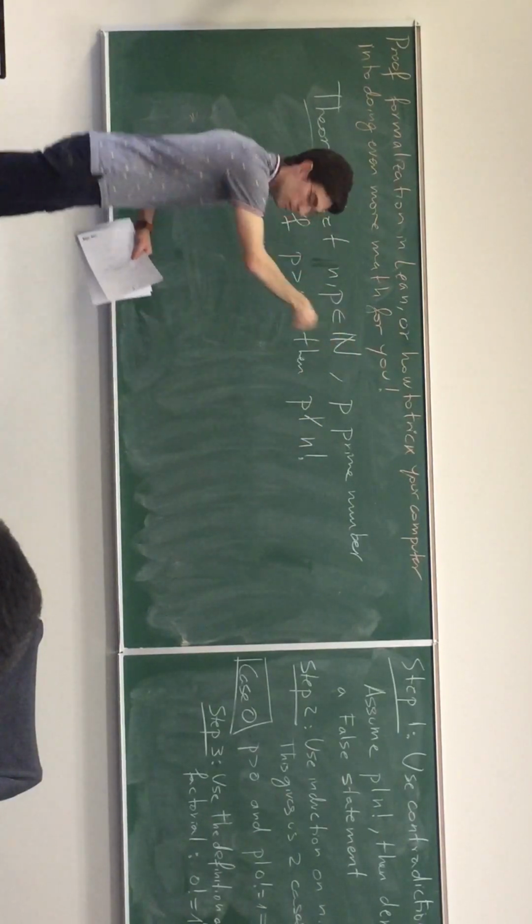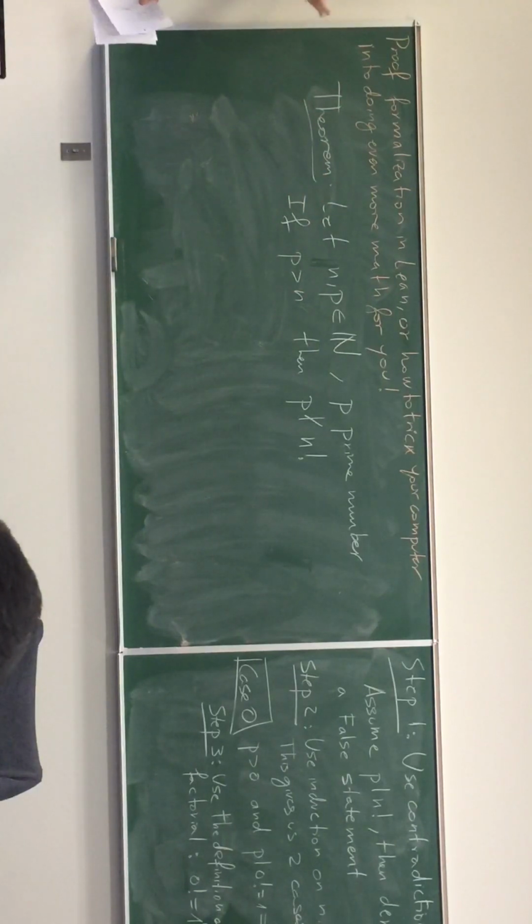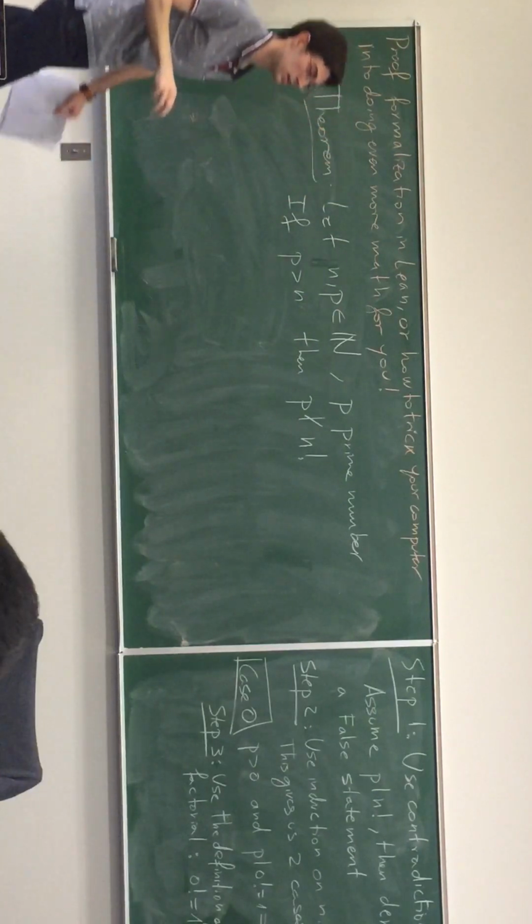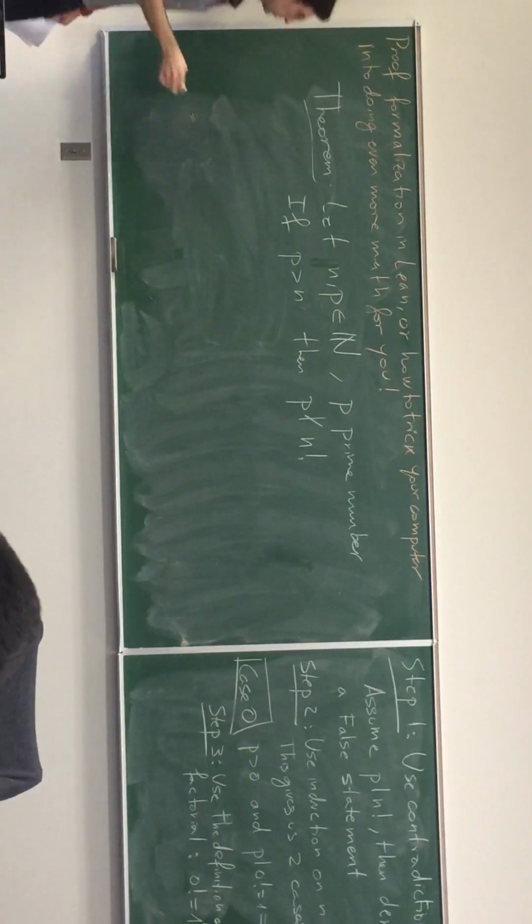Okay, this bar means divides, so the crossed bar means doesn't divide n factorial. Okay, so this is a simple theorem, right?